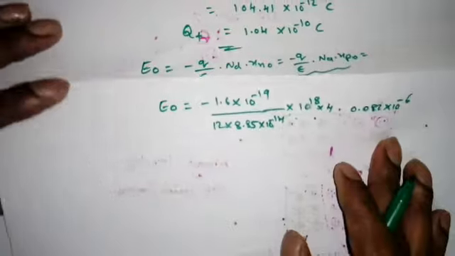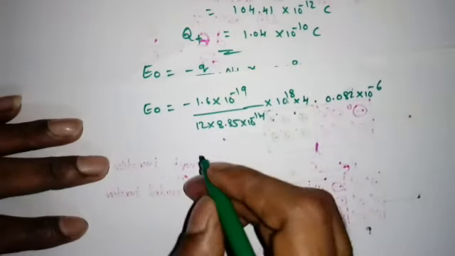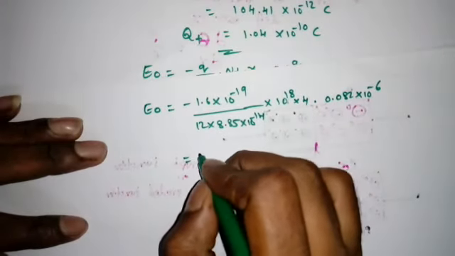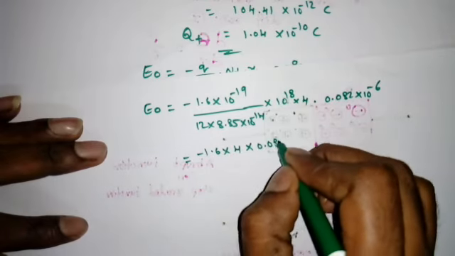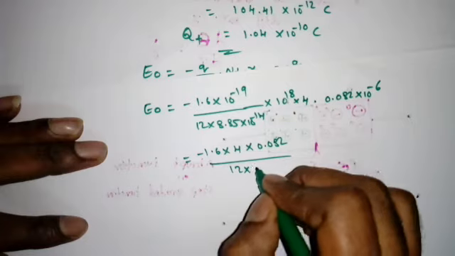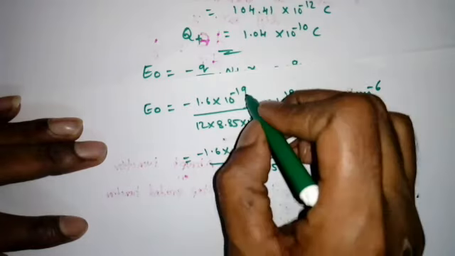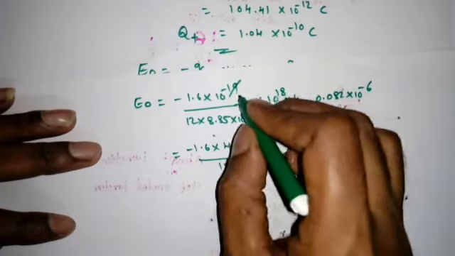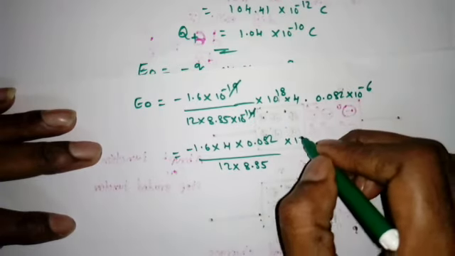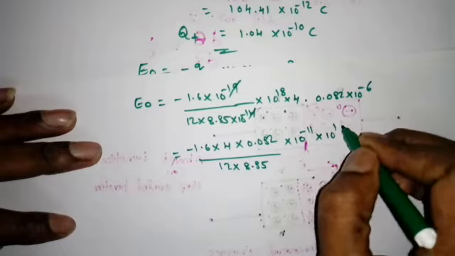So that is 10 to the power minus 6. So this will be, see, 1.6 into 4 into 0.082 by 12 into 8.85, minus 19 minus 14. So this is 10 to the power minus 5, this is minus 6, 10 to the power minus 11 into 10 to the power 18.